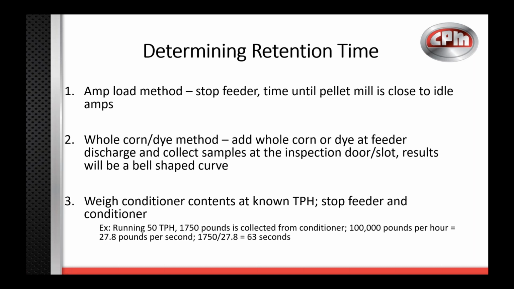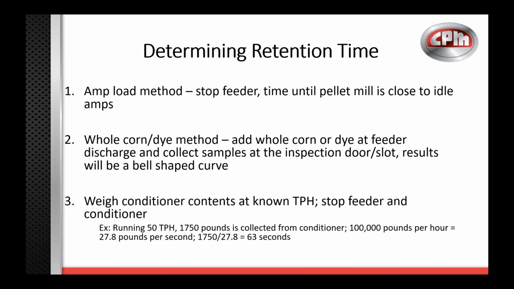The third method is probably the most accurate, but it's obviously going to be the most time consuming and maybe complex. And that is if you were to be running at a known capacity and then weigh the contents of your conditioner when you stop it. So let's, for example, say we are running 50 tons per hour. We then stop our feeder and conditioner.